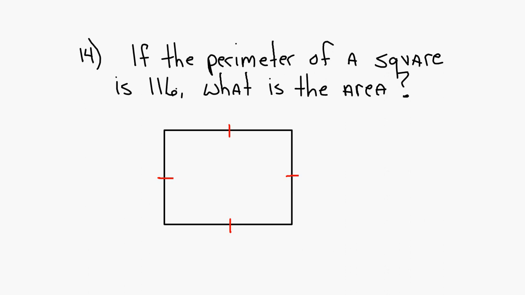Divided by 4. So if you take 116 and you divide it by 4, it equals 29. So that means each side is 29.